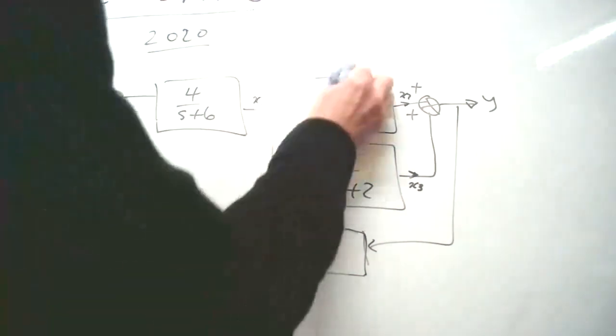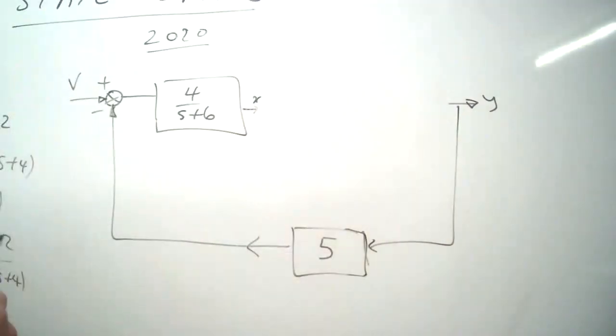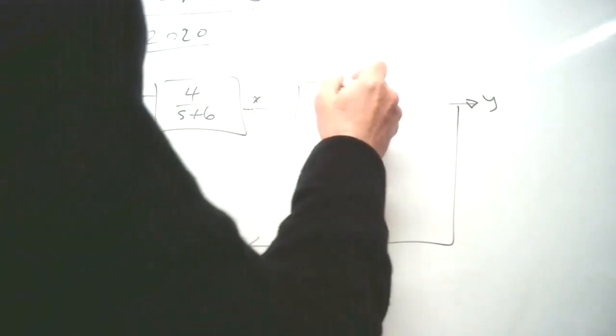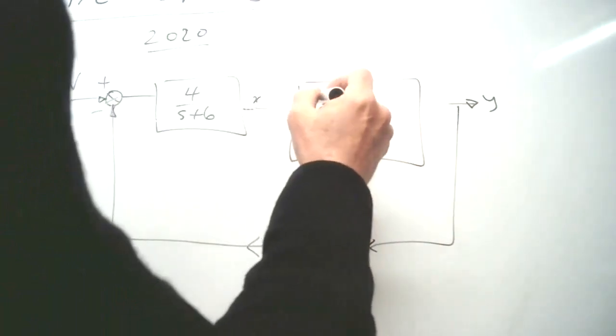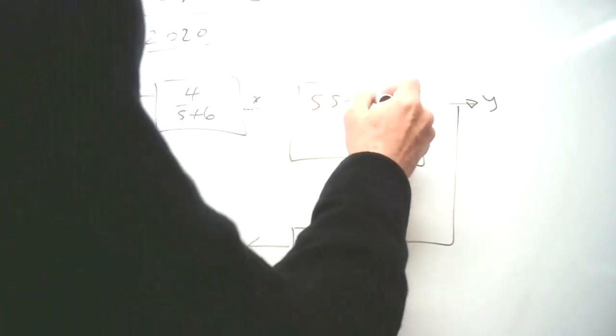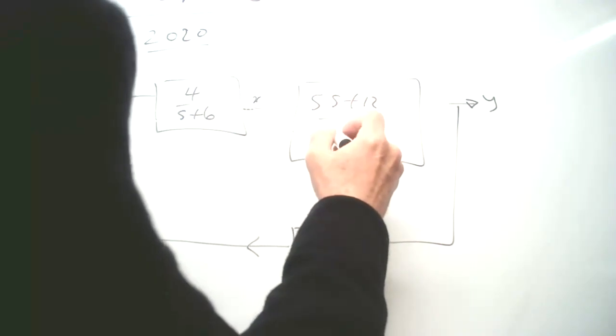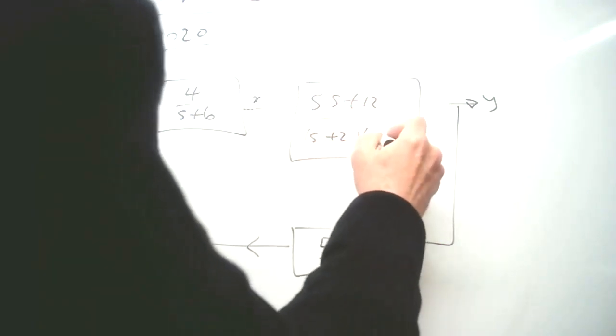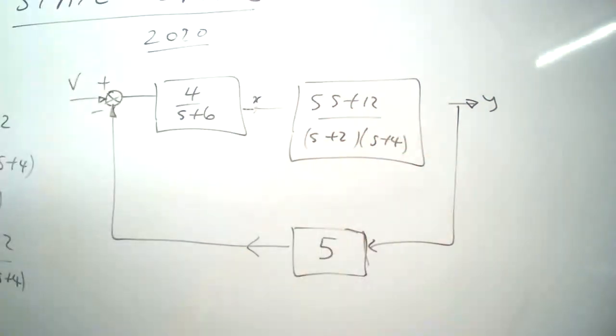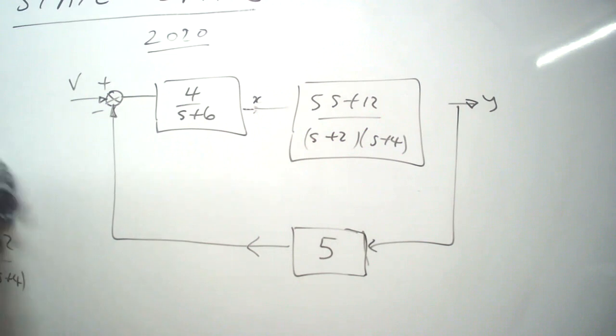This part here has now been replaced with 5s plus 12 over s plus 2, s plus 4. If you've got two things in parallel, you can add them together to get an answer.